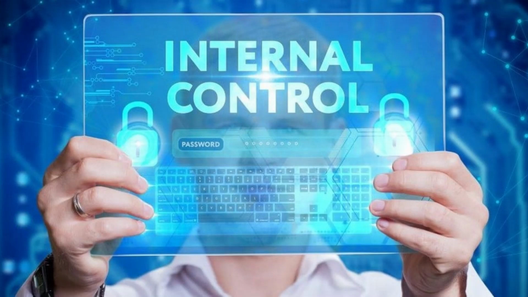The control environment sets the tone and the foundation that provides the discipline and structure for the control process. There are 7 control environment factors, and yes, CPA candidates, you should know these 7 control environment factors as follows.